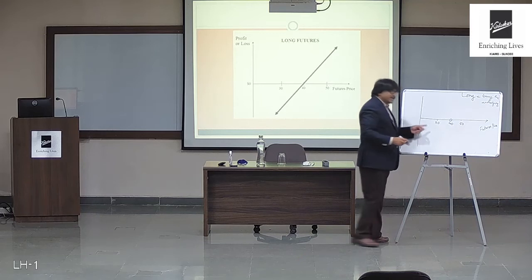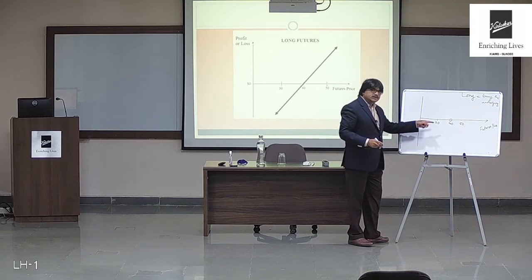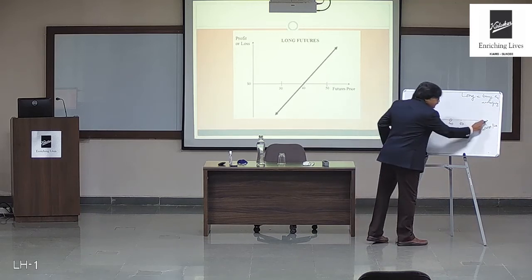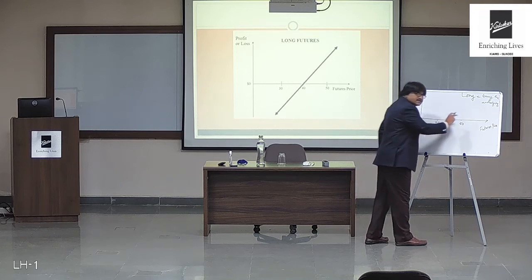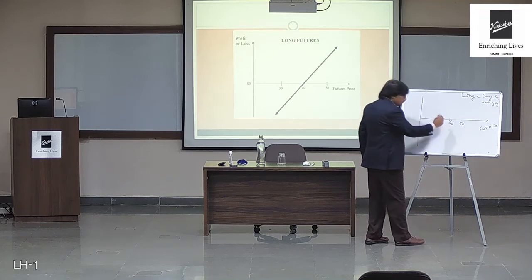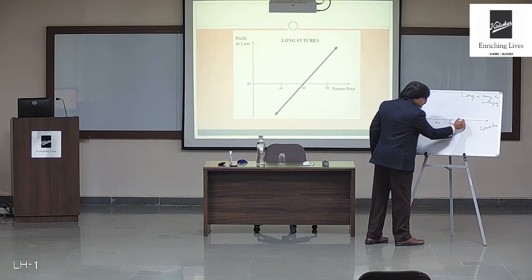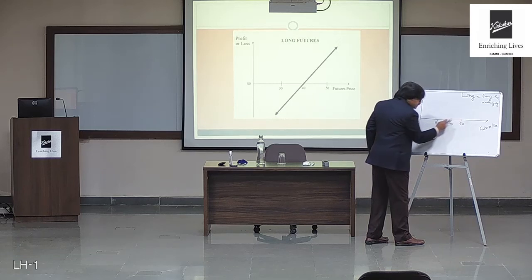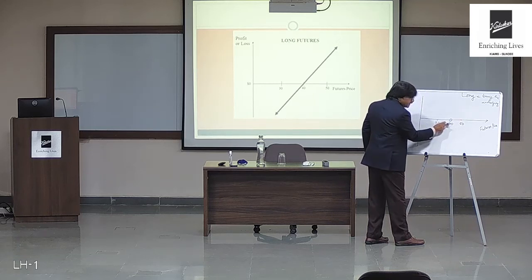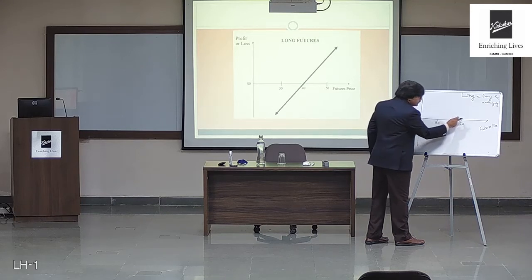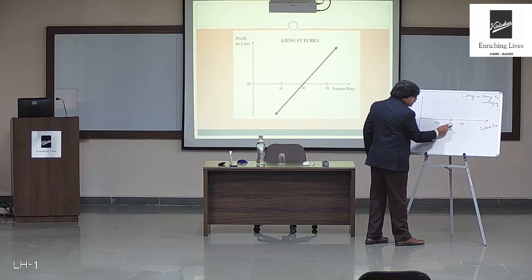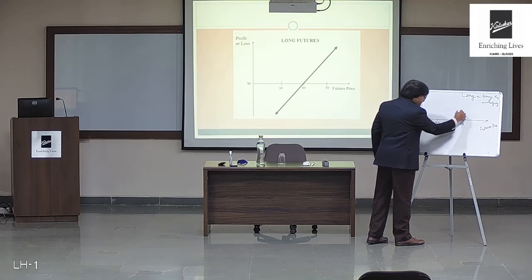If they want to buy the underlying in the future, they are not bothered about what happens to the price of the underlying over the period. If the price of the underlying goes to 50, the person who signed the contract will still be buying the product at 40. That means the market price is 50, whereas he is buying at 40, a profit of 10. So you can see that a profit of 10 is made by this person.